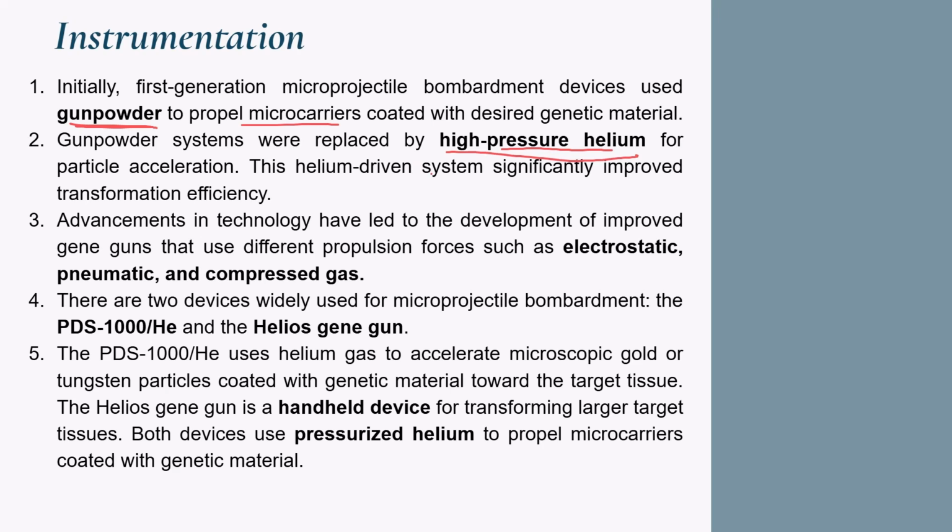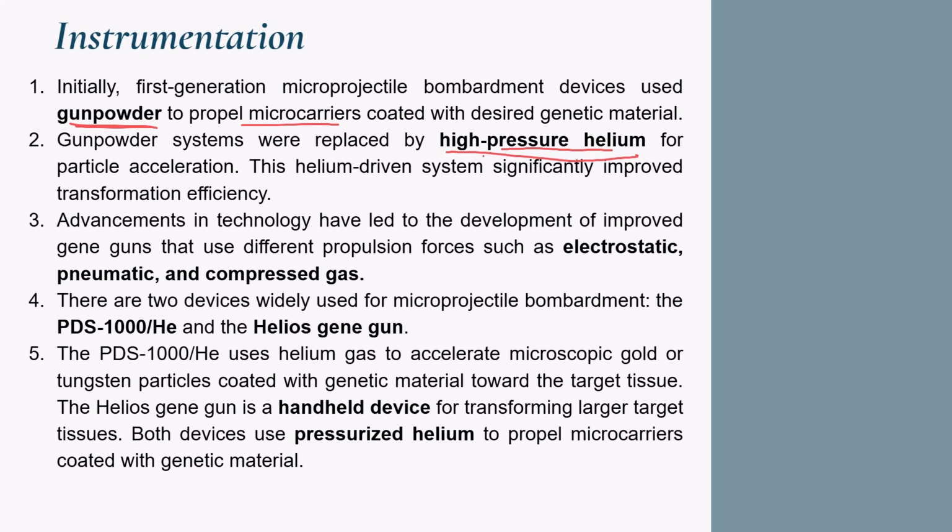Using helium in place of gunpowder improved the transformation efficiency greatly. Helium is a noble gas, and unlike helium, gunpowder is chemical, so this change has increased the efficiency.